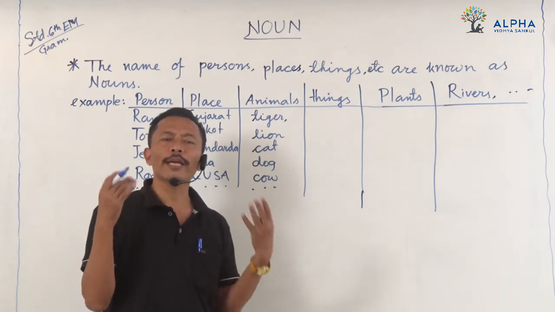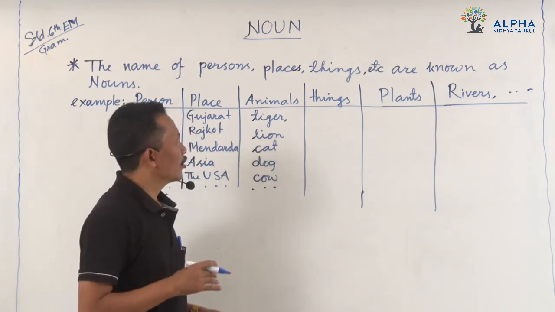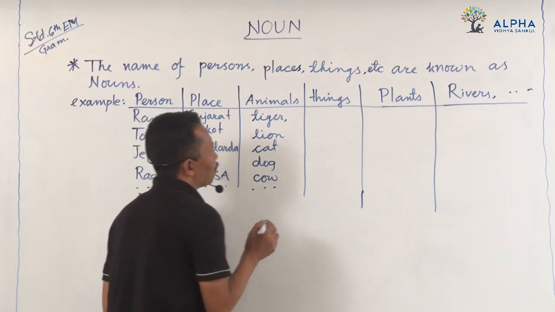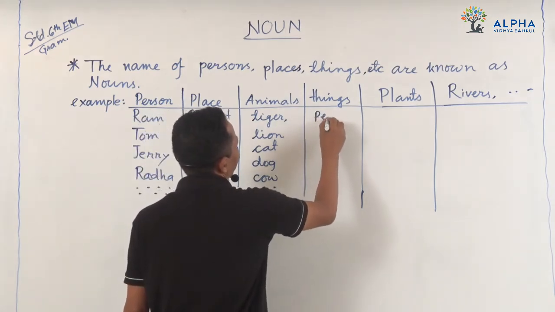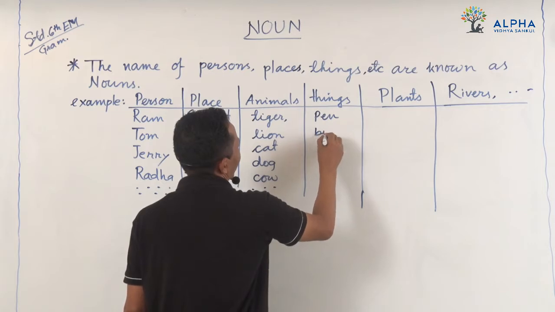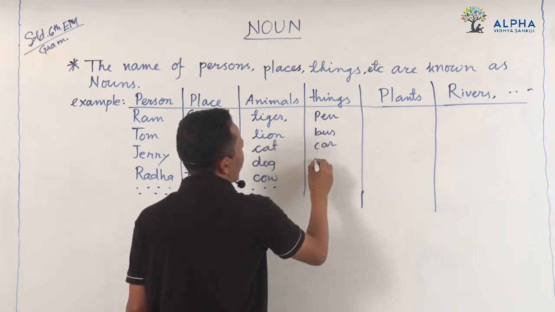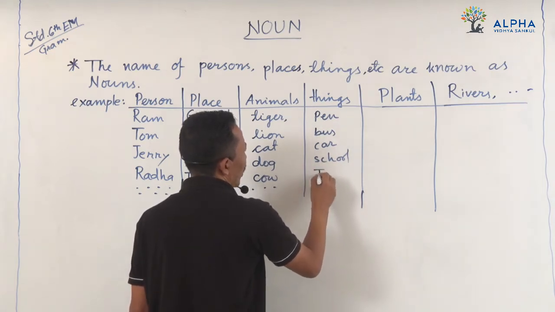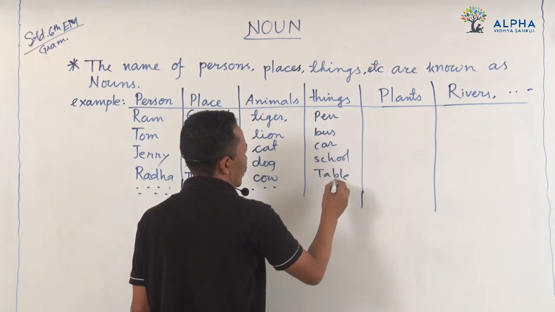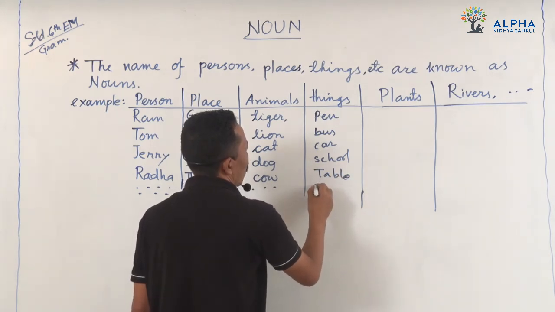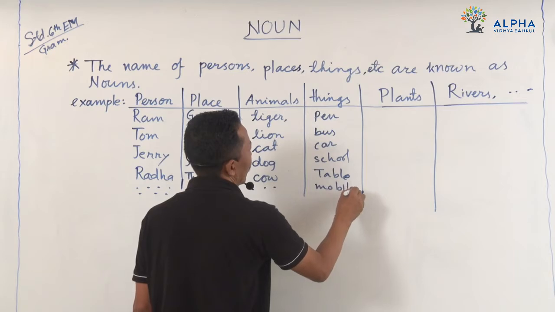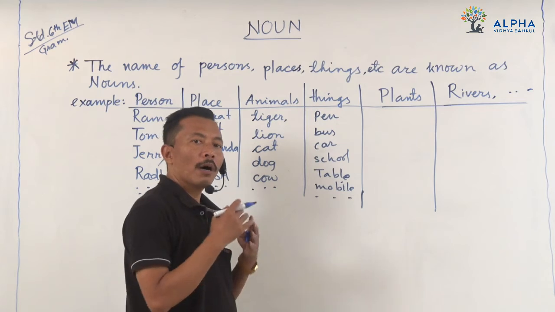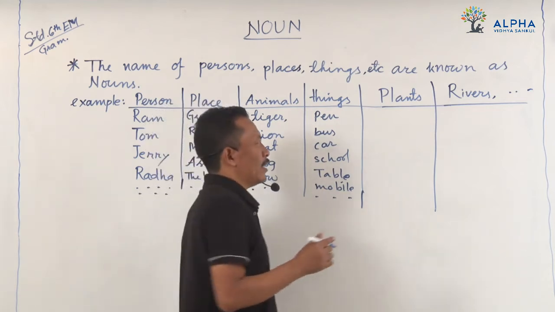All the animals, fish also, different types of fish are also here. Things. You can say pen, bus, car, school, table, mobile. How many things? Unlimited.